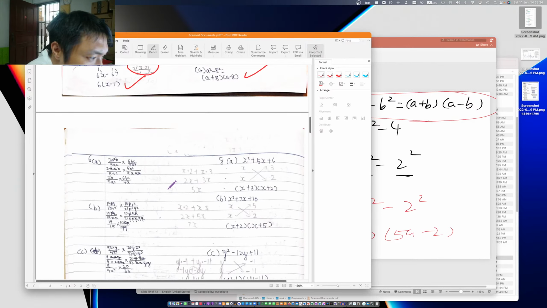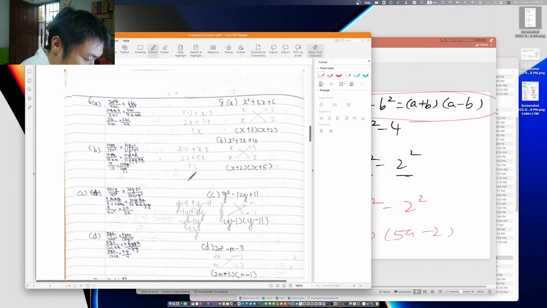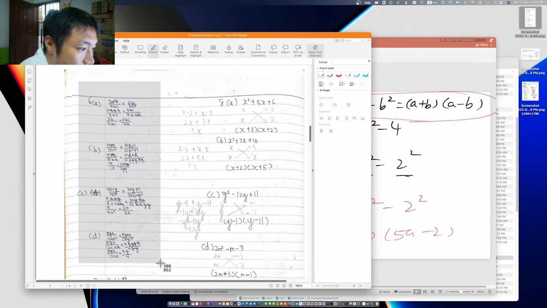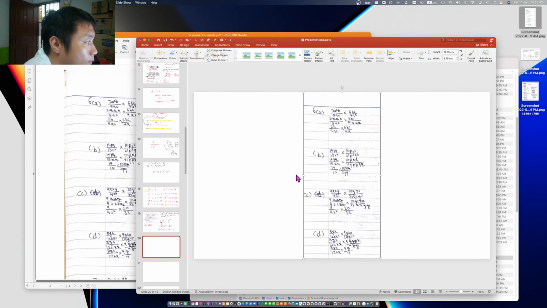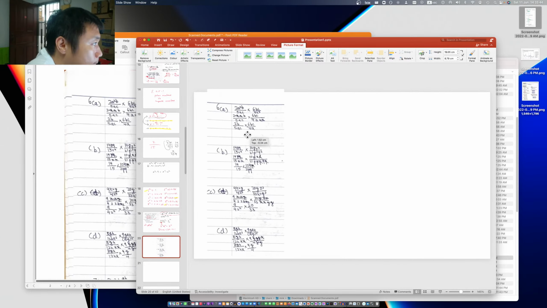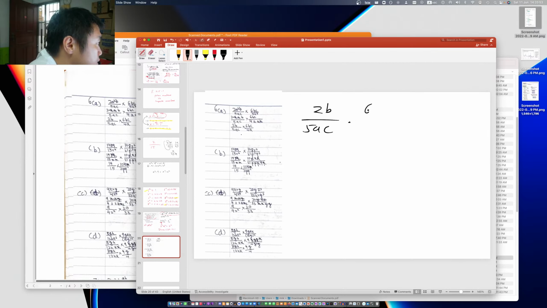How come everything is so nonsense here for question 6? There are many more opportunities to simplify further and then you stop. I just take the first example here. 2b, 5ac times 6bc over 4a, right?